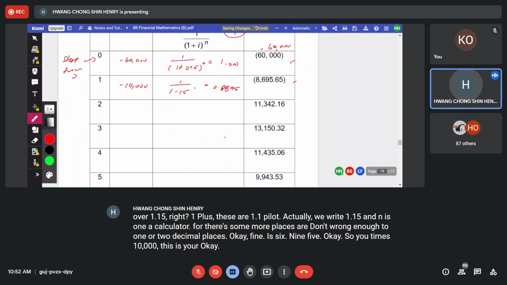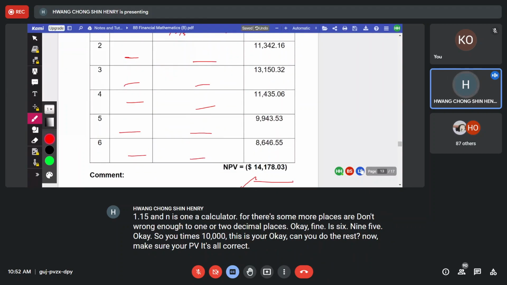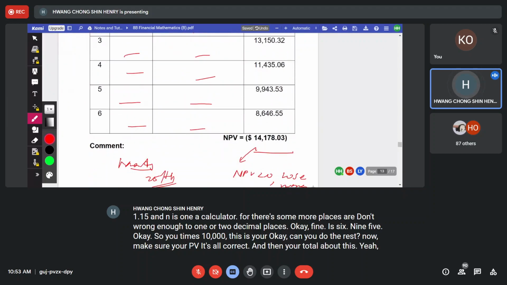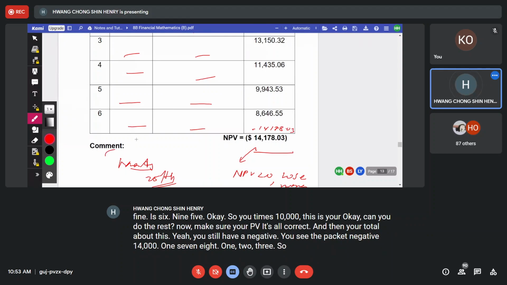Okay, can you do the rest? Make sure your PV is all correct, and then you total up all of this. You still have a negative, you see the bracket, negative 14,178.03. So what is your comment?